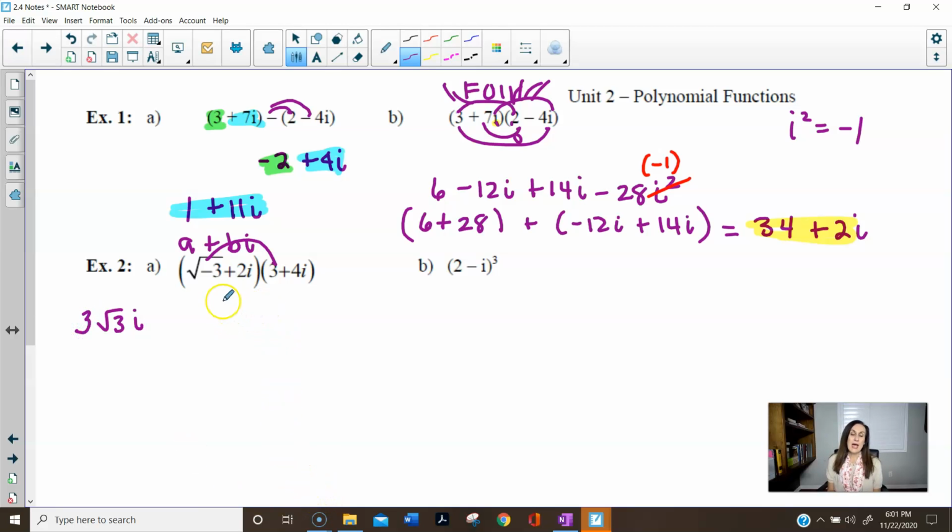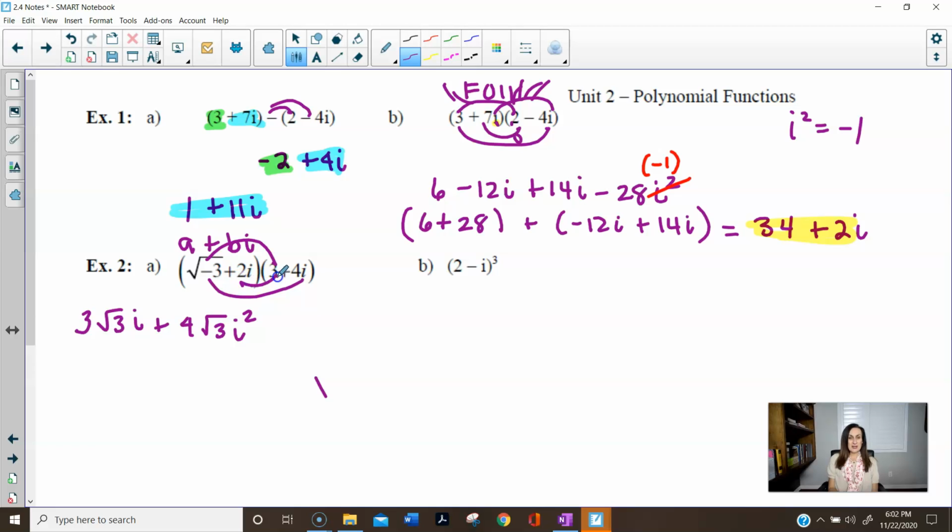Then I would do outer. So outsides is going to give me a 4. So this would be plus 4. I have the square root of 3. I have that negative coming out as an I, but then I also have this I, and so that's going to be I squared.